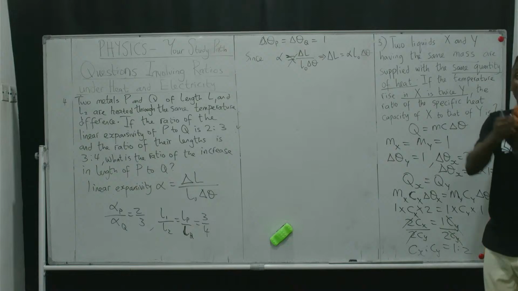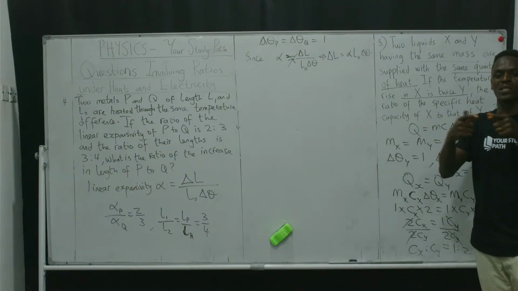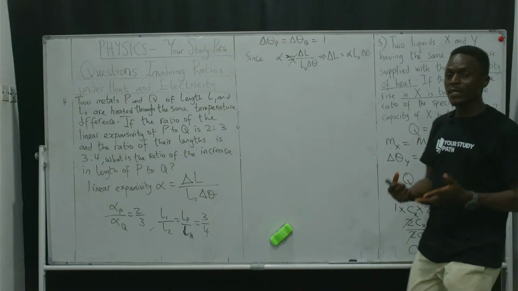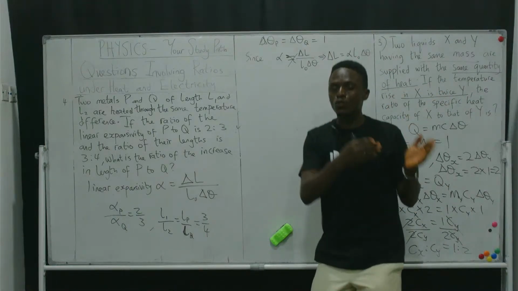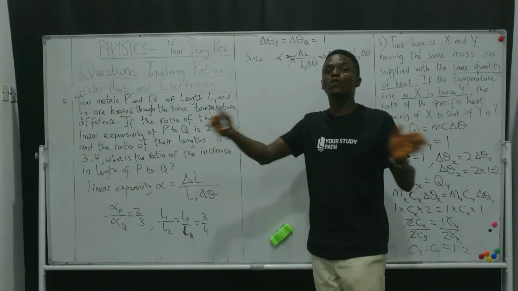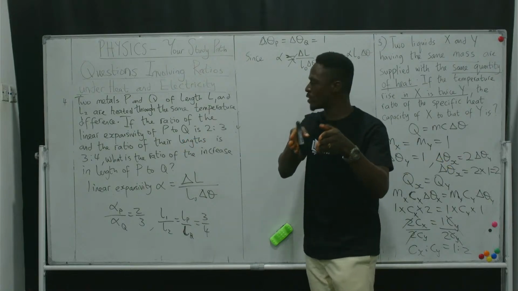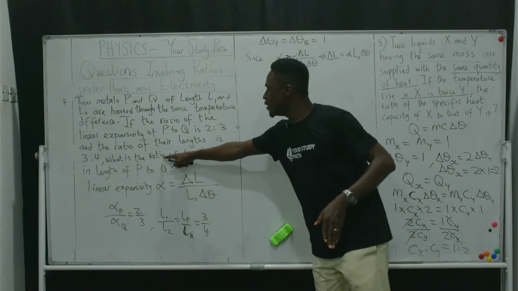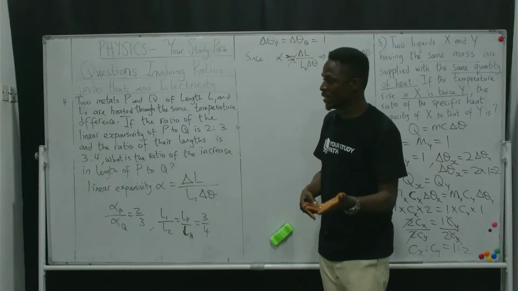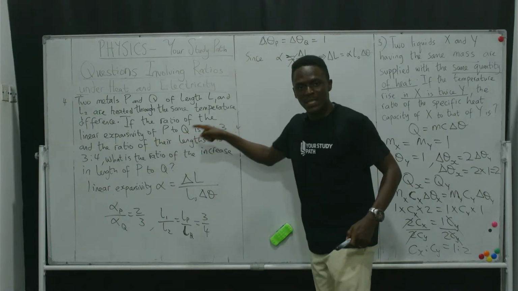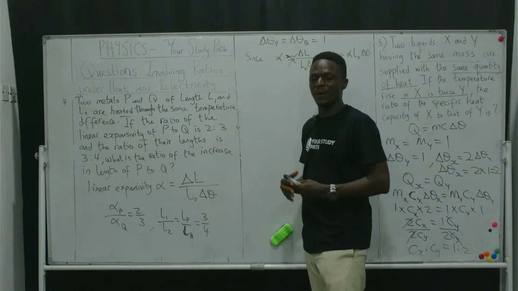This is always the sequence of what you will get anytime questions like this arise. It's either they are telling you that the two things you are going to compare are going to be equal to each other. If they are not equal, they are going to tell you the ratio of the increase in the length. And to do that, you are already given ratios inside the question, meaning something divided by something.